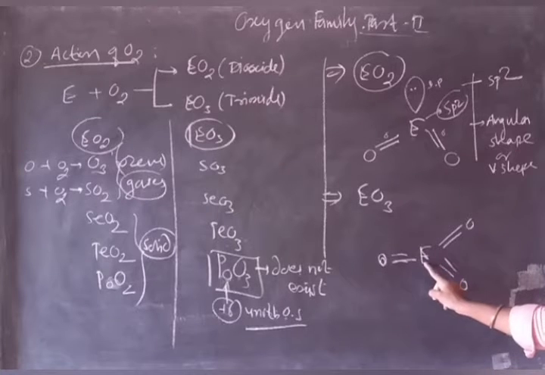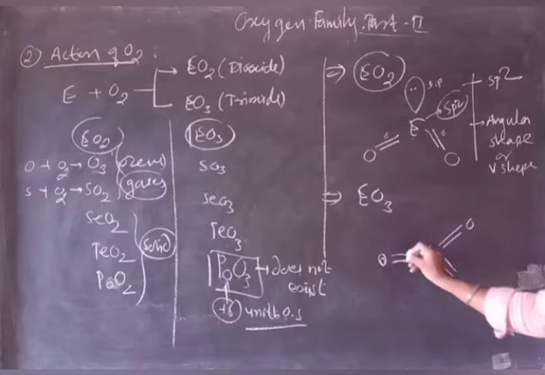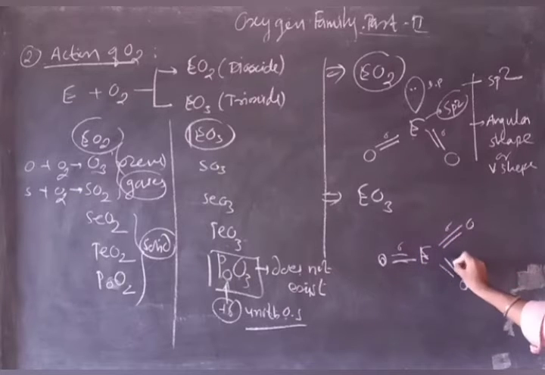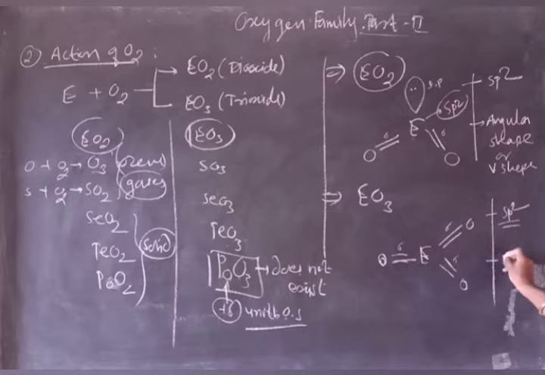Here is 1 sigma bond, 2 sigma bonds, and 3 sigma bonds. So its hybridization comes to sp2. It is again sp2 hybridized and its shape is, as expected, planar. It is a planar molecule.